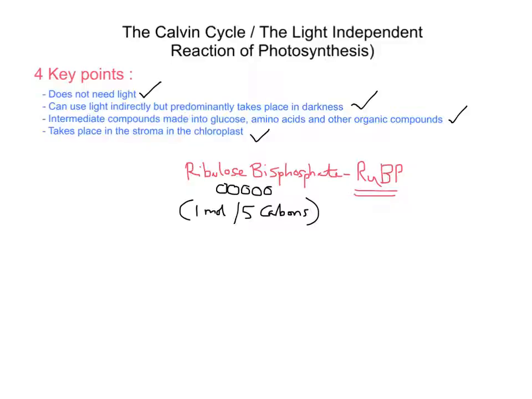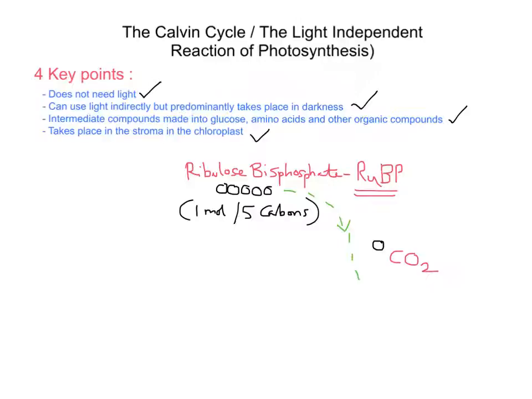Now, what we have, if we were to draw this as a loop, let's say, is this molecule, because we're going to draw this as a cycle, put a little arrow there, it's essentially going to join with this here. And this molecule here, this is a molecule of carbon dioxide.